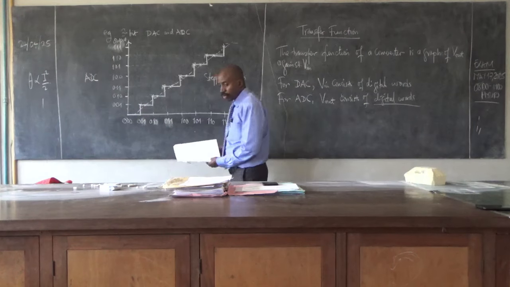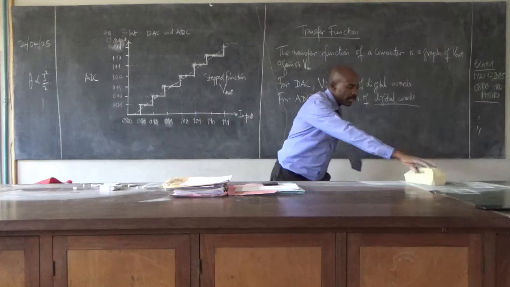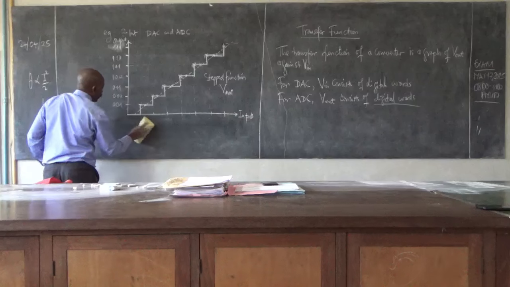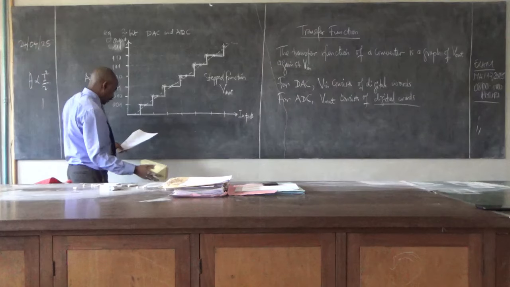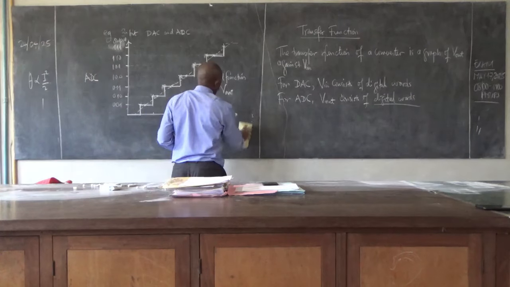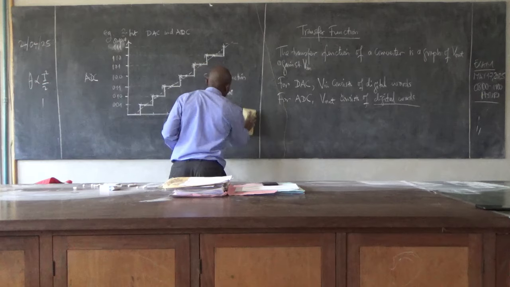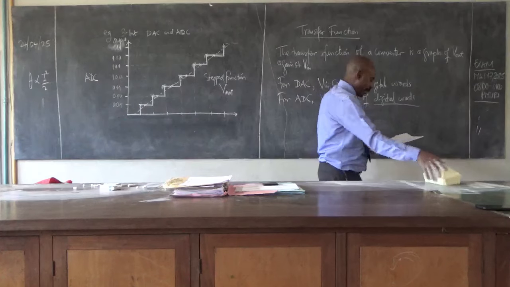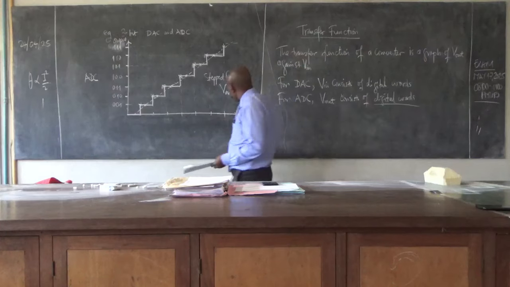These ones now are not labeled here. We don't have any digital words here at the V-in. We have V-in. For example, for the successive approximation, we have V-in, and then we keep comparing with the output.